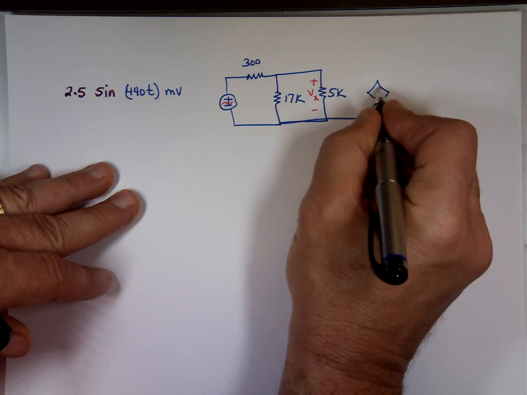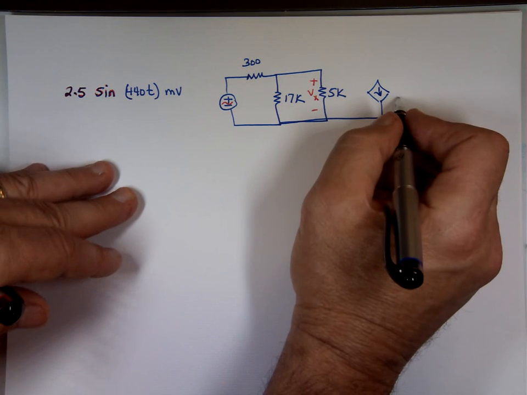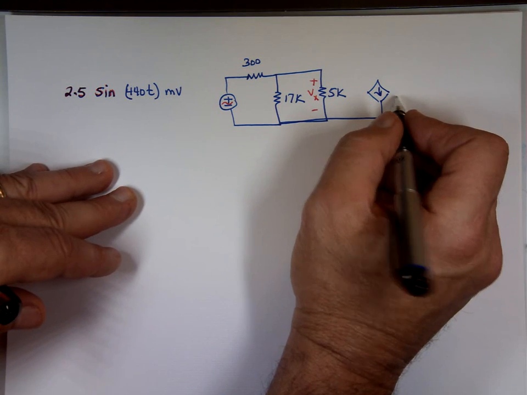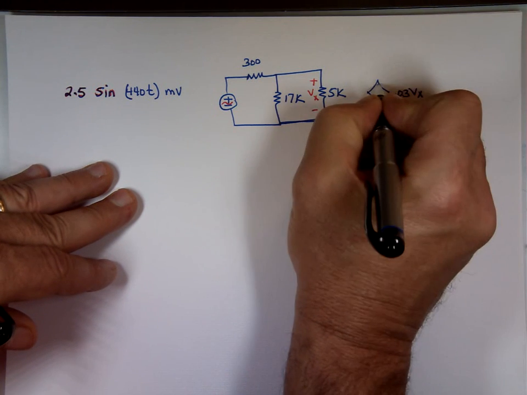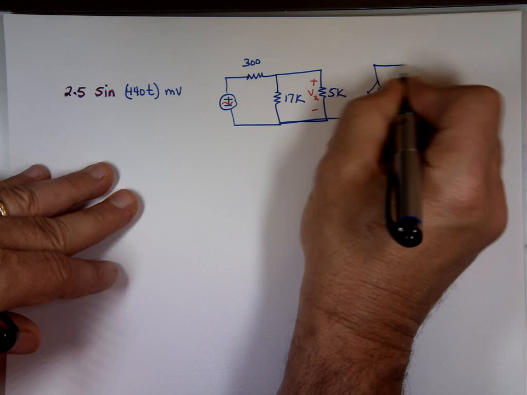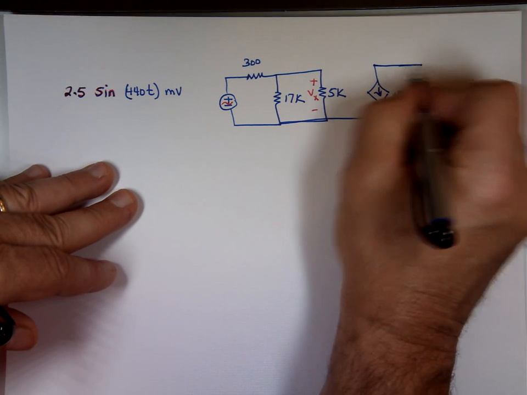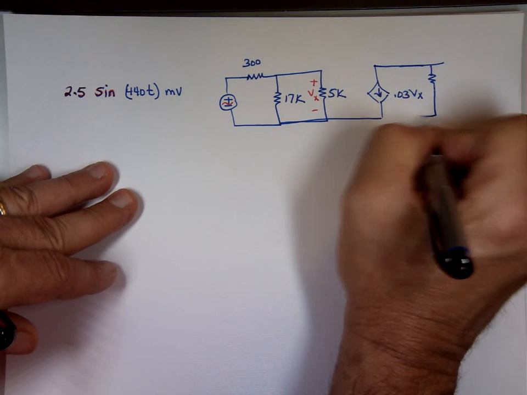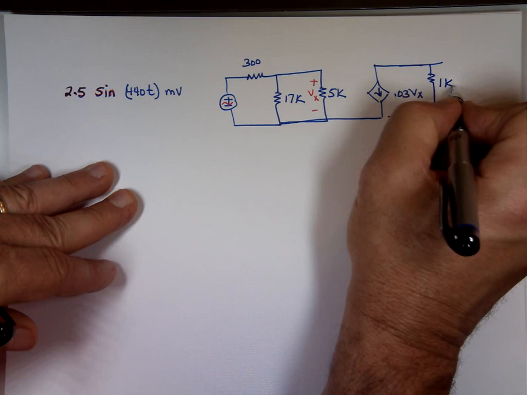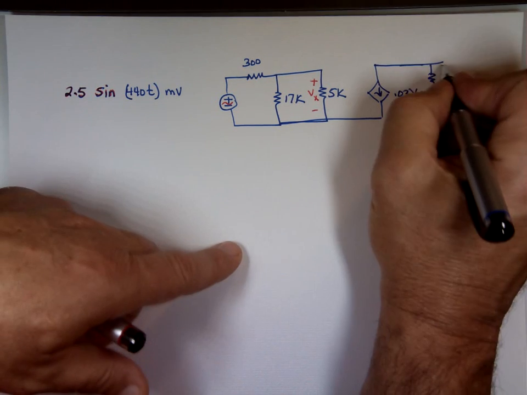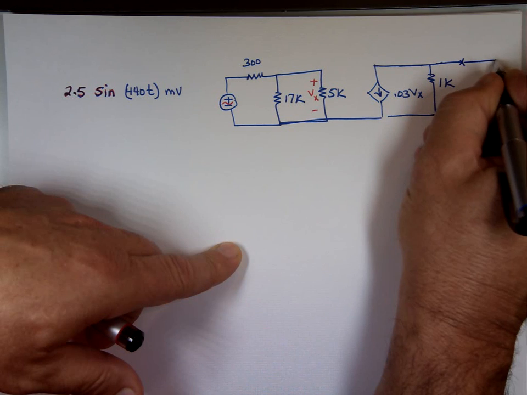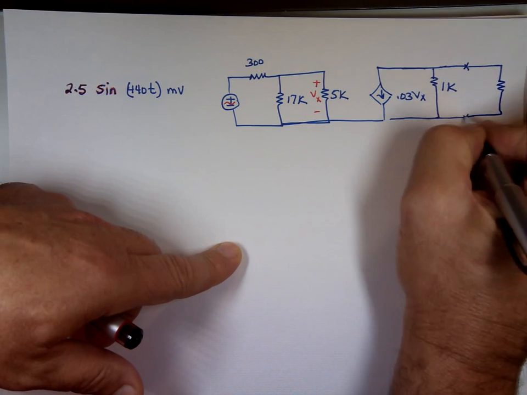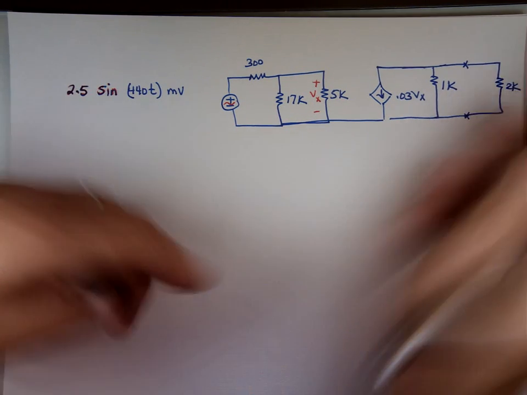The top is not connected together. 0.03 times Vx. 1K. And again, let's say we have a resistor here, we're going to use 2K. That's your load, 2K. Let's say we want to find the voltage here. What's that voltage?